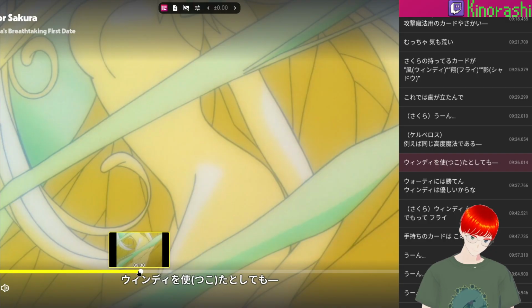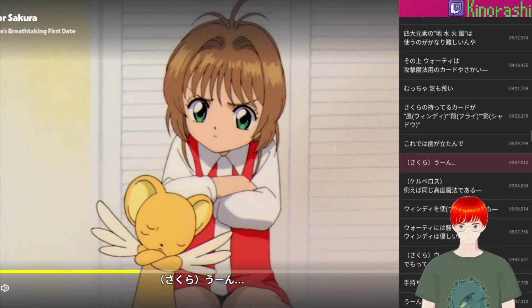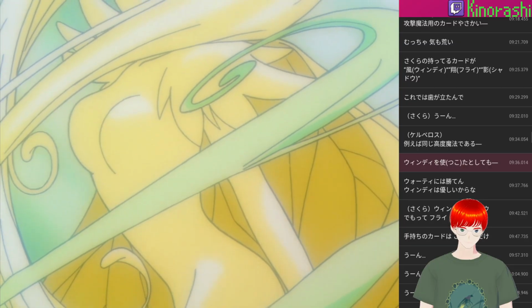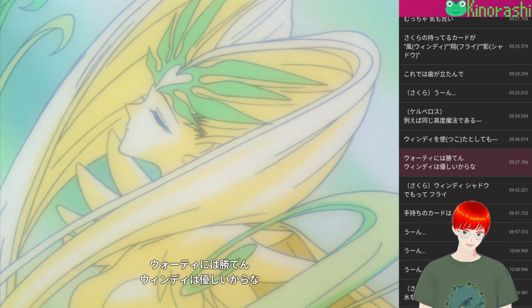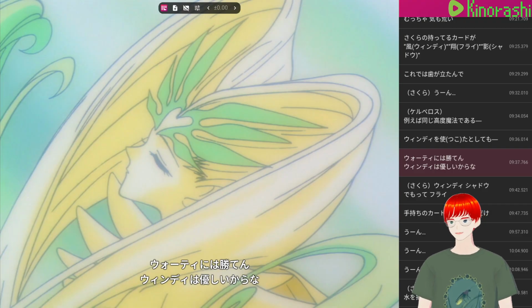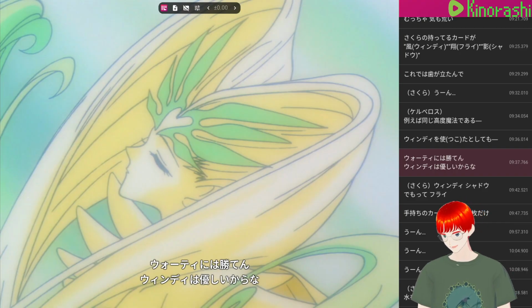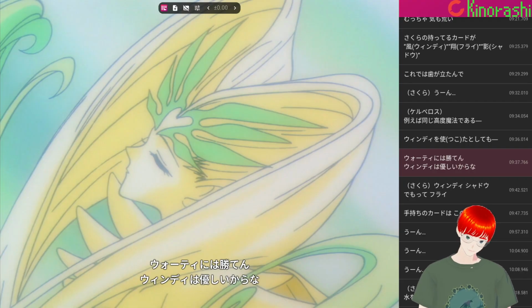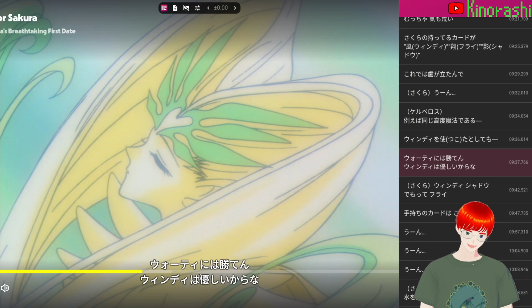歯が立たんて。例えば同じ攻撃魔法であるウィンディを使ったとしても、ウォーティには勝てん。ウィンディは優しいからな。ウォーティには katsu is win, so katen from katenai would be not able to win. ウォーティには勝てない。ウィンディは優しいから。So Windy's gentle.